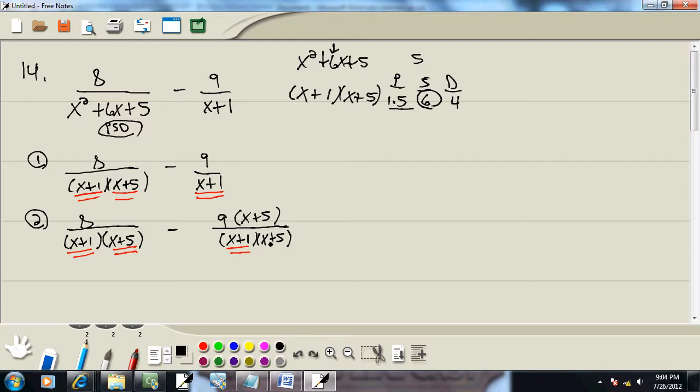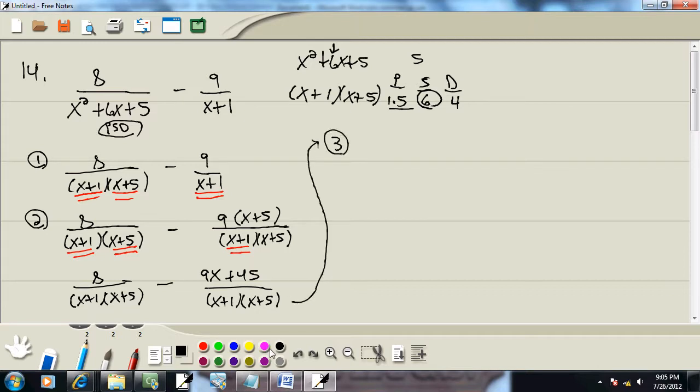Now, the official rule on that is whatever you multiply by the bottom, you have to multiply by the top. So we got 8 over x plus 1 times x plus 5 minus 9 times x is 9x, 9 times 5 is 45, and x plus 1, x plus 5.